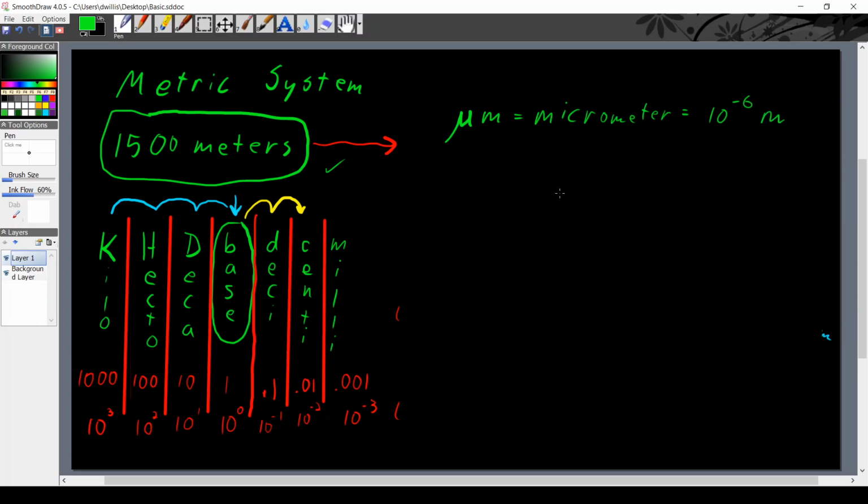Okay, and then there are some other prefixes that you may run into, such as if you want to go to larger ones, we have mega, which is actually then 10 to the positive 6th, or giga, which is where the term gigahertz and gigabytes comes from, which is 10 to the 9th, and of course tera, which is 10 to the 12th.